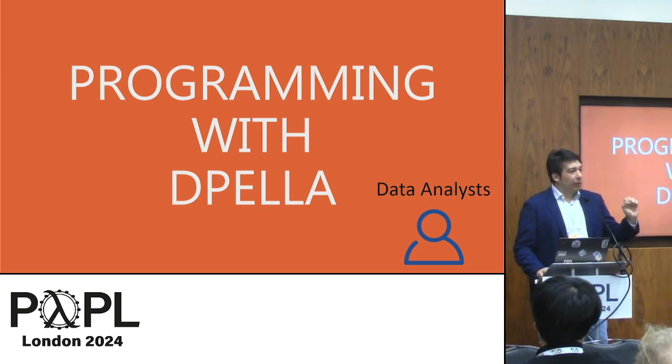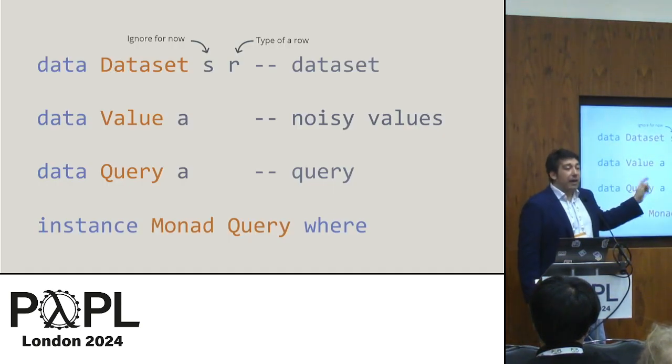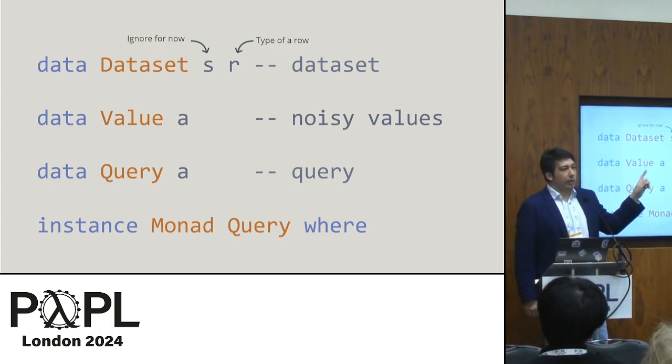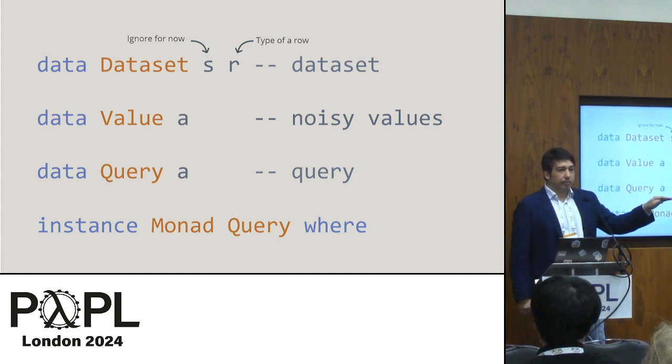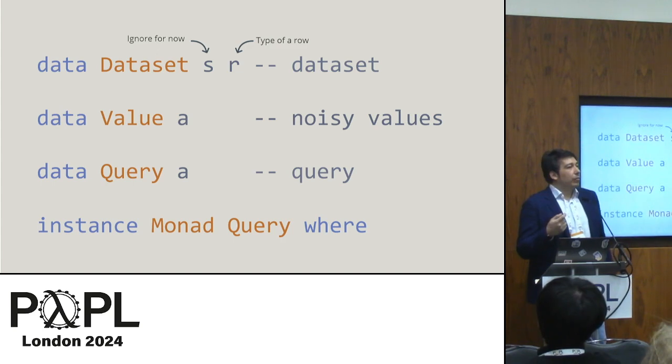The first thing you need to do is learn about 3 abstract data types: datasets, values, and queries. Dataset means it's a dataset. It has 2 type parameters. We skip the first for now and focus on the second, which is the type of the row in the dataset. Then we have values, which are values that have been generated with the Laplace mechanism.